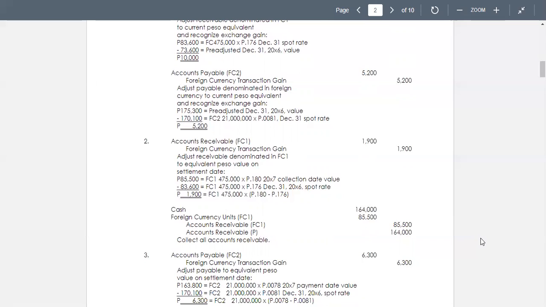that's 163,800, and then we deduct 170,100, FC2 taken by multiplying 21 million by 0.008. So we now get the result equal to 0.0081.